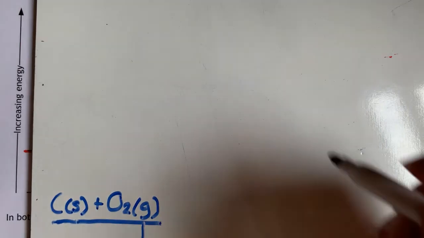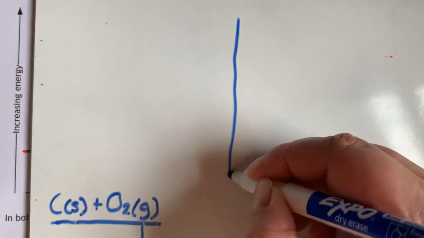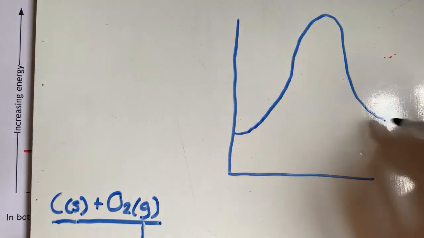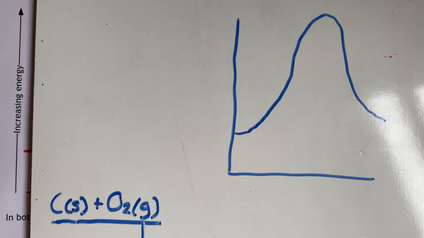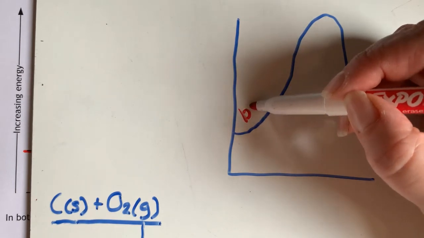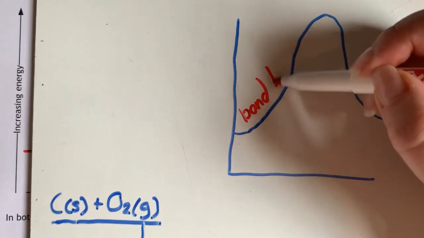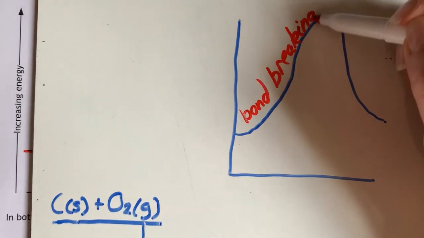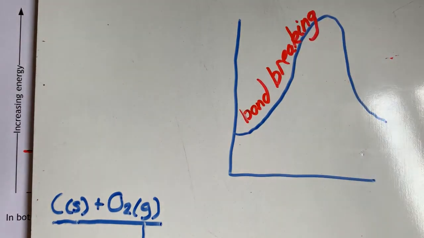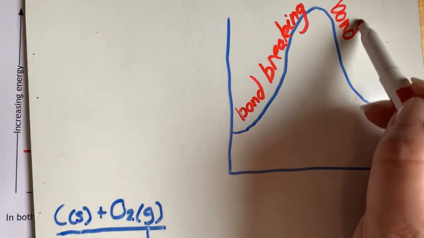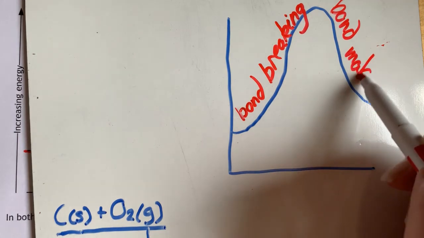But the question is, why is it negative on this diagram, but it was positive on the other diagram? To answer that question, we need to have a look at potential energy diagrams, the ones that look like this. So in these diagrams, the endothermic process is bond breaking, so energy is required to break bonds, but the exothermic process is bond making.